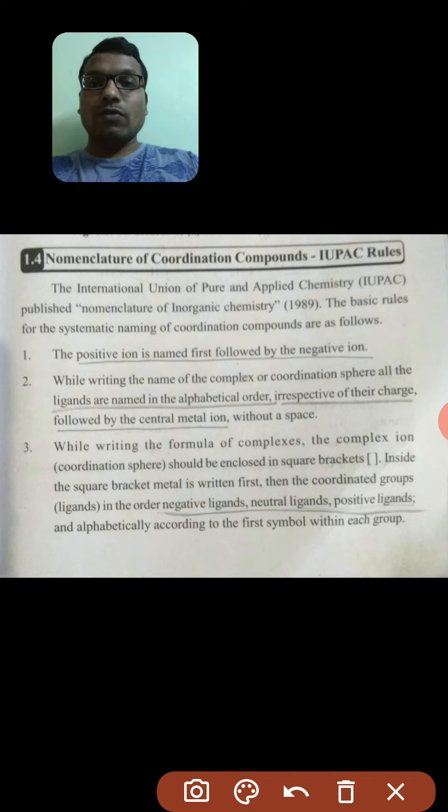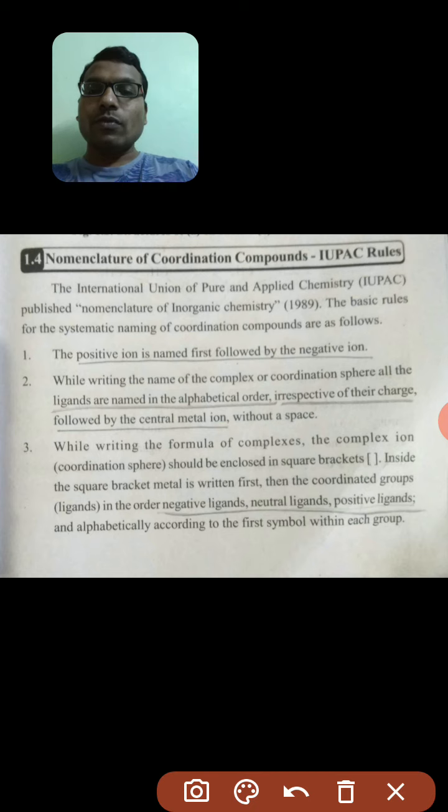We don't need to consider the charge, we just write in alphabetical order. After writing the ligand names, followed by the central metal ion, without any space between the metal and ligand.